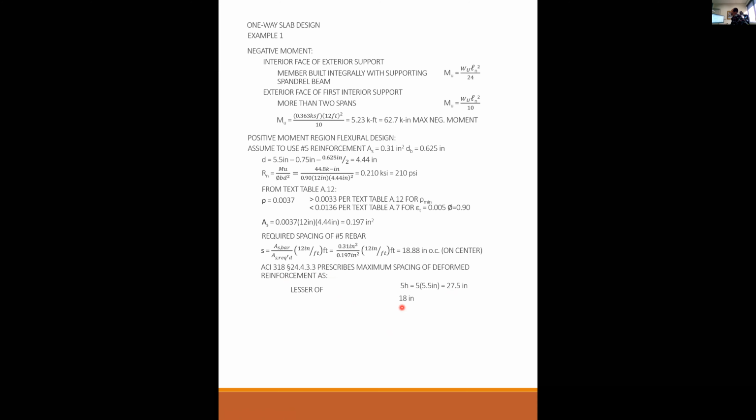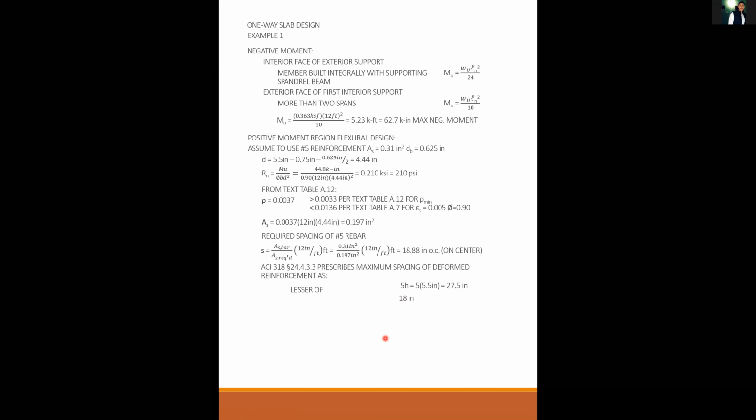So you can look at it as 1, 2, 3. Whichever is the least of 1, 2, or 3, that's your design maximum. So in this case, 18 inches is your design maximum.